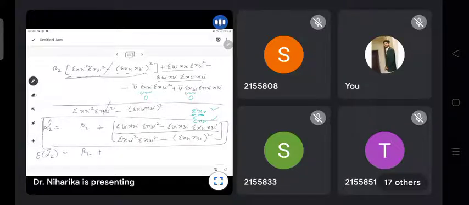Okay, so in the numerator, denominator as it is.